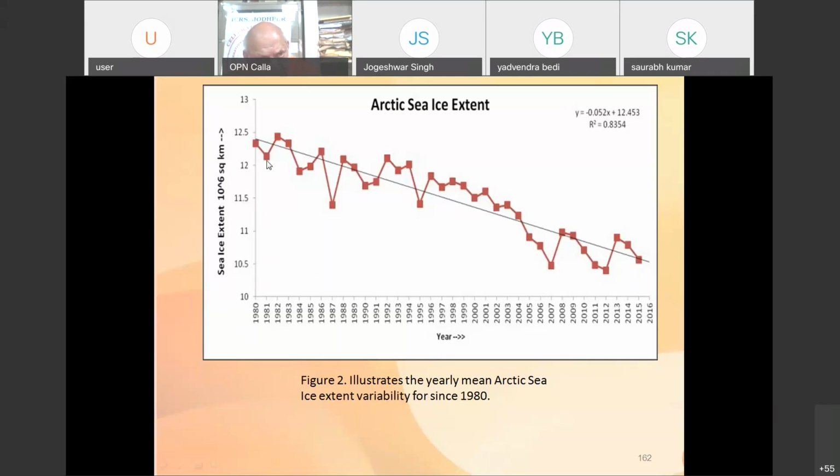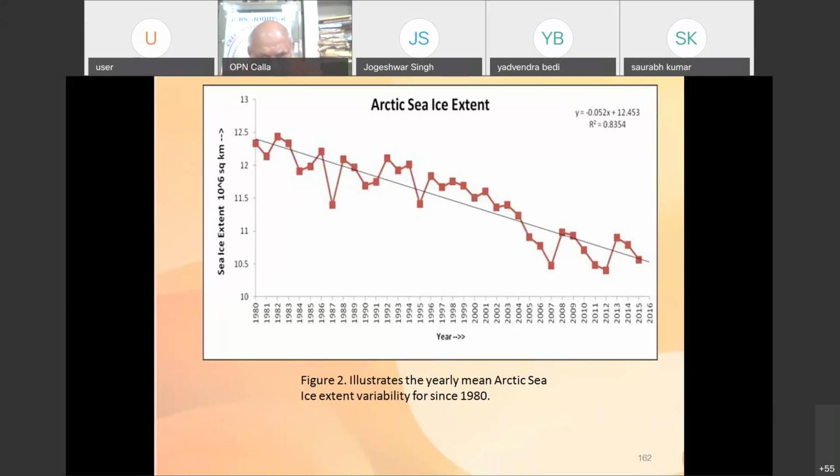Please note how the snow in Arctic sea ice has been reducing from 1980 to 2016, around 36 years. In 36 years, it has gone down from 12 million to 10 million, so 2 million is reduced.